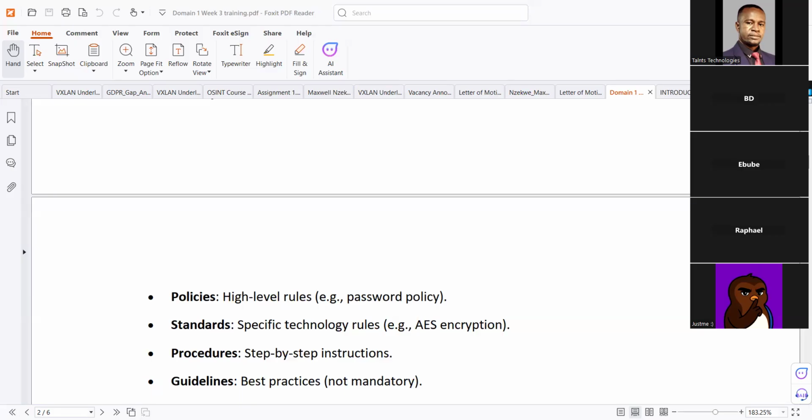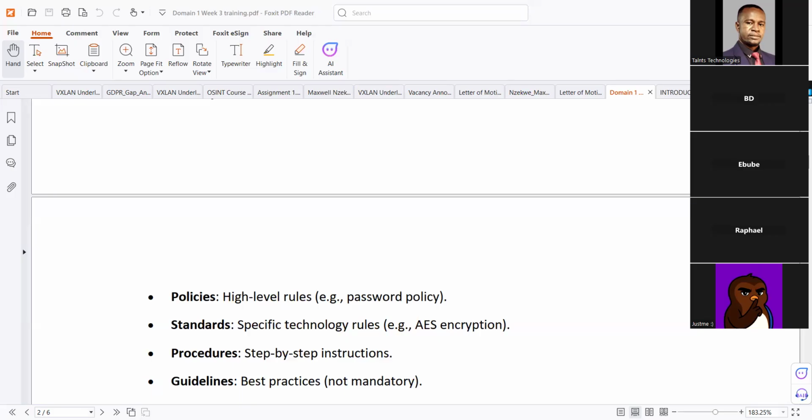So you need to understand the difference between policies and standards. Policies are being set by companies, while standards are being set by a bigger body that governs those companies, that regulates them.